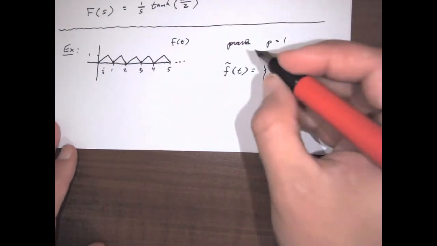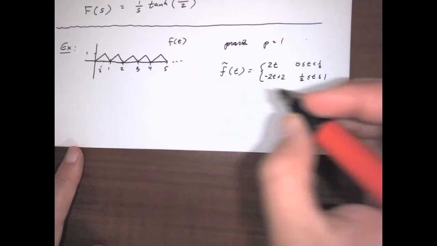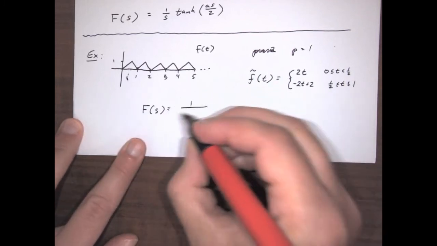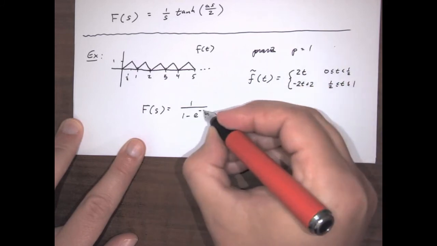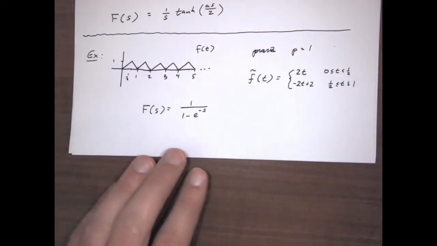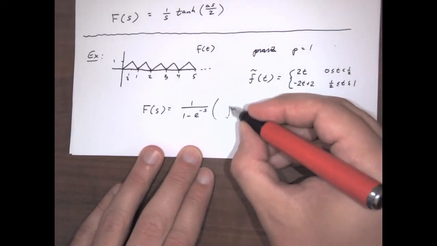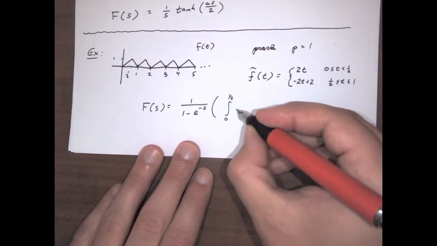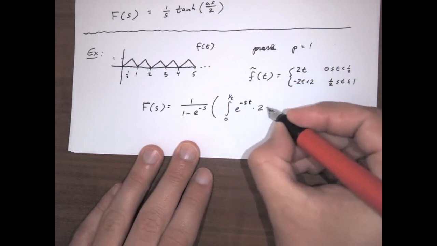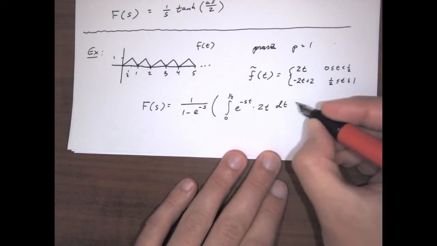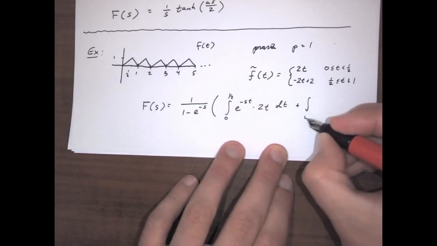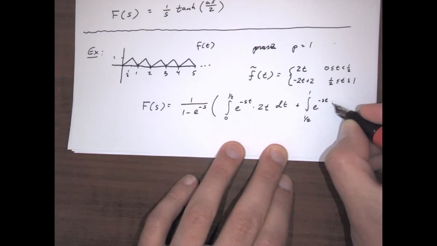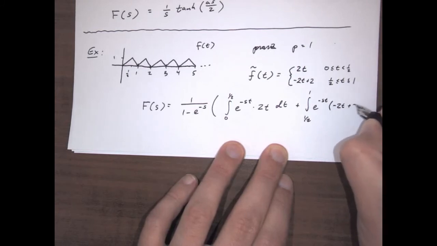So that's the upstroke, that's the downstroke, and that means that F of s is going to equal 1 over 1 minus e to the negative s, since the period is 1, times the integral from 0 to 1/2 of e to the negative st times 2t dt, plus the integral from 1/2 to 1 of e to the negative st times negative 2t plus 2.